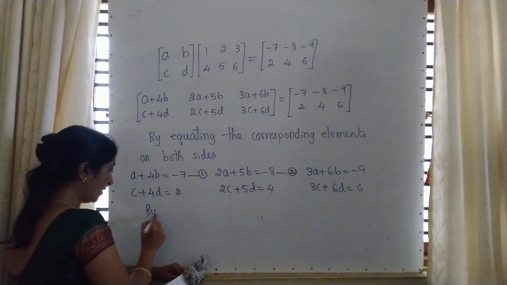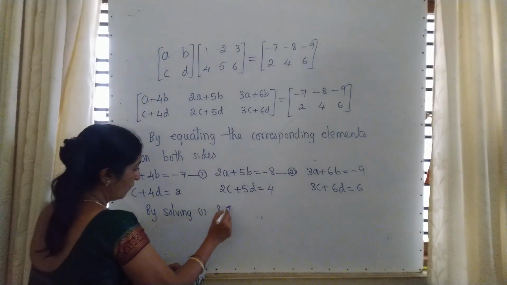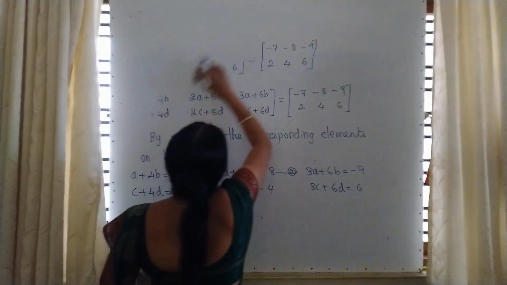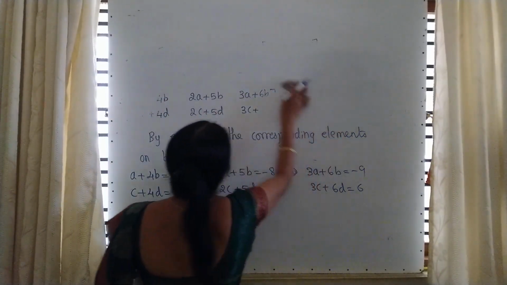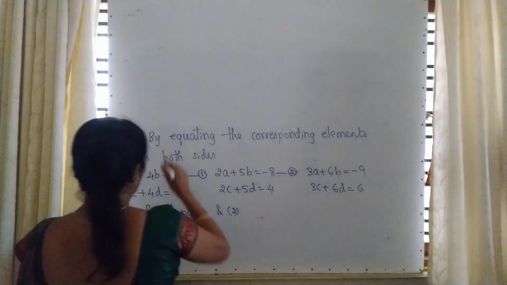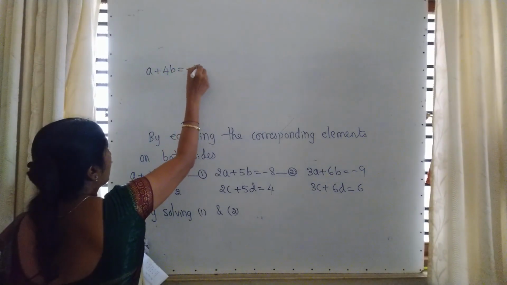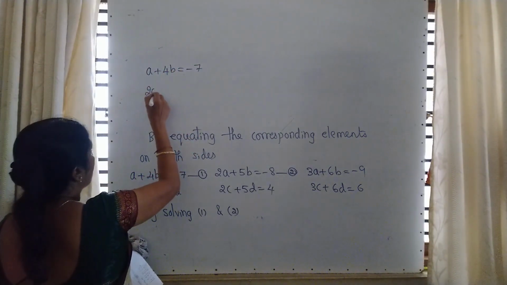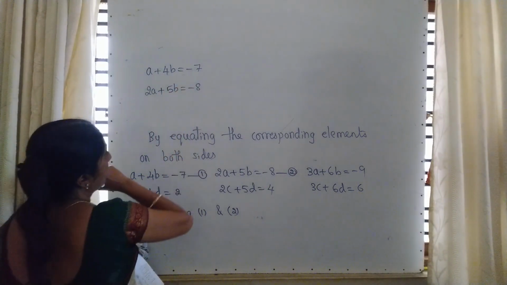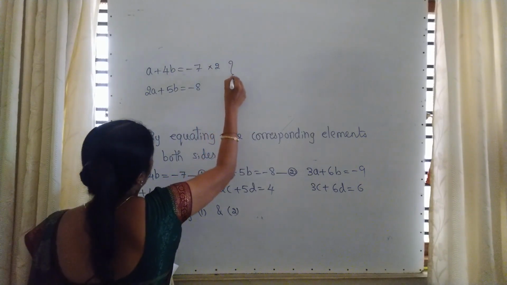By solving 1 and 2. So here no place, I am writing here. A plus 4B is -7, and exactly below I am writing 2A plus 5B is -8. But there is no cancellation, that's why I am multiplying the first equation with 2.